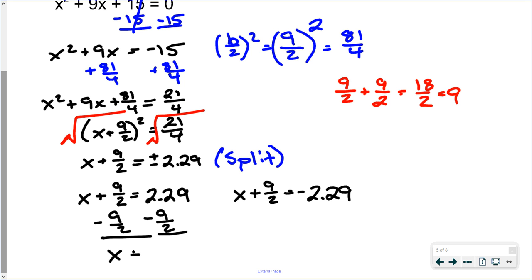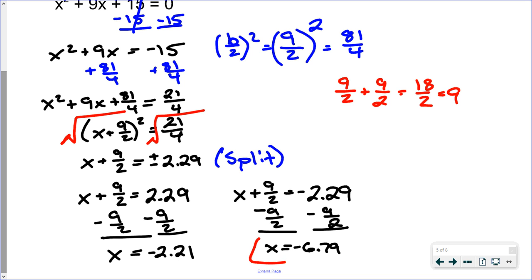So there's my first solution, x equals negative 2.21. So let's subtract 9 halves over here. So negative 2.29 minus 9 halves is negative 6.79. And there's your two solutions.